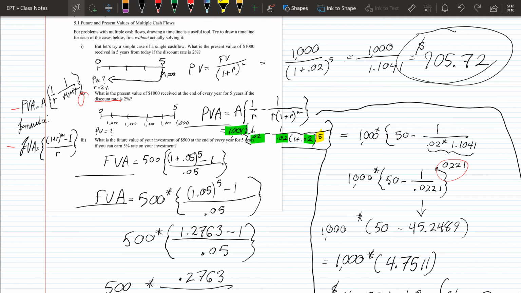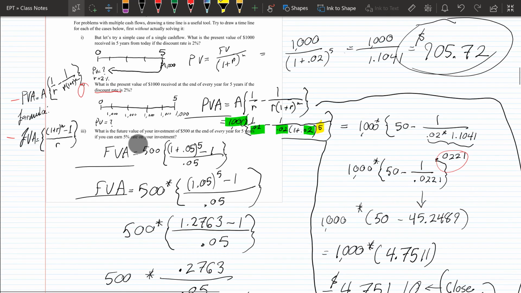So always remember and think about the cash flow convention. It helps clear things up if you say, well, my investment of 500 means I'm going to be giving up 500 every time, right? So that's entered as a negative value, and it's going to result in a positive value because it all equals out. So we're going to do 500. The present value in this situation, there is no present value.